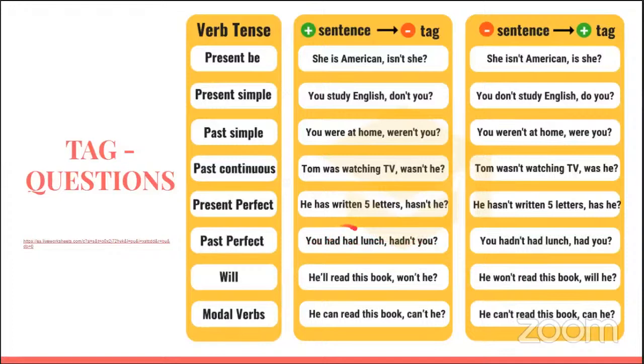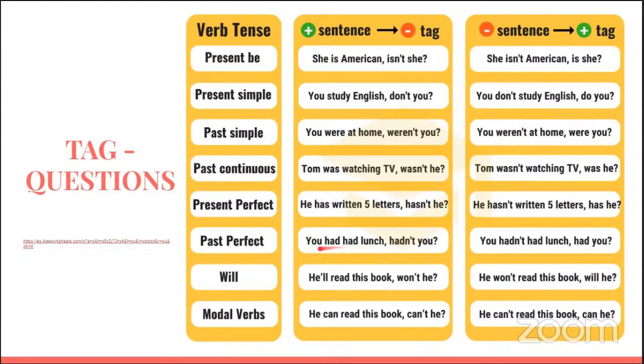And yes, you can use two hads. Why? Because this one is the auxiliary, not the action, and this one is the action. And the grammar structure for the past perfect tense is subject, followed by the auxiliary had, followed by the verb in the past participle form. And the past participle of the verb have is had, and then the complement.